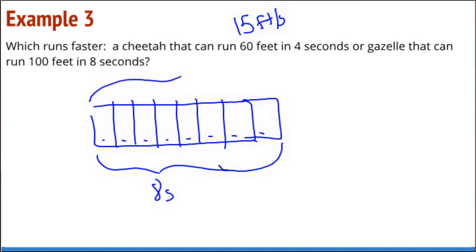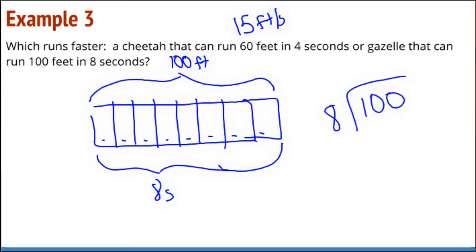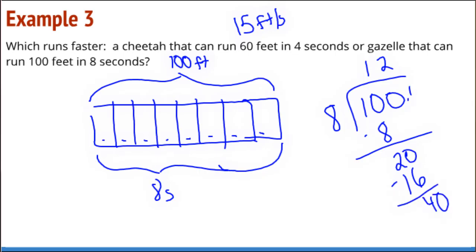And the 8 seconds is tied to the 100 feet. So when I took the 8 seconds and I cut it into 8 pieces, I have done the same with the 100. I have taken 100 feet and I have divided it by 8. And I've got a little division going on here. And I find out that the gazelle is going 12 5/10 feet per second.